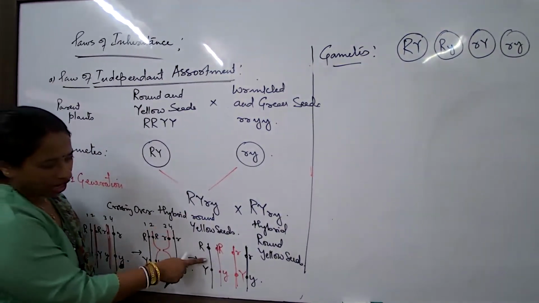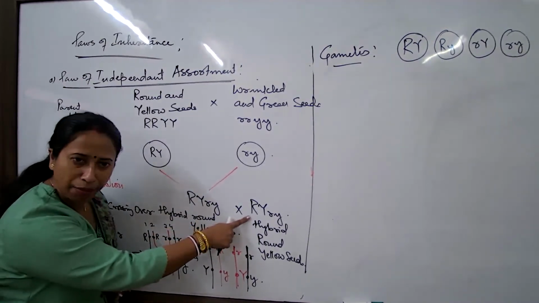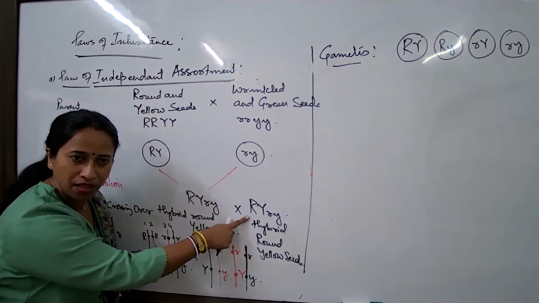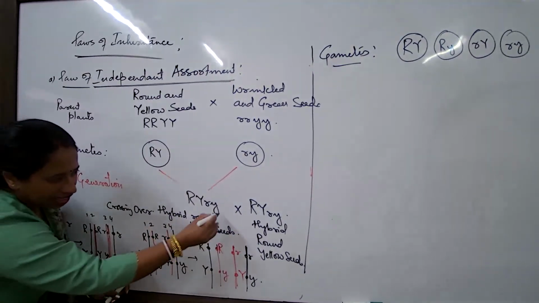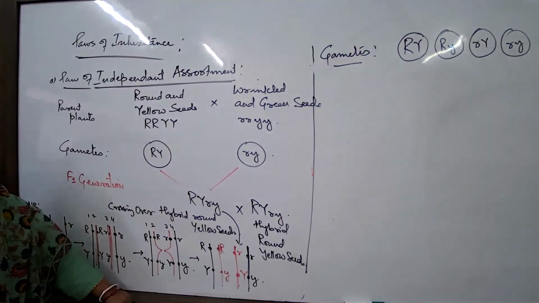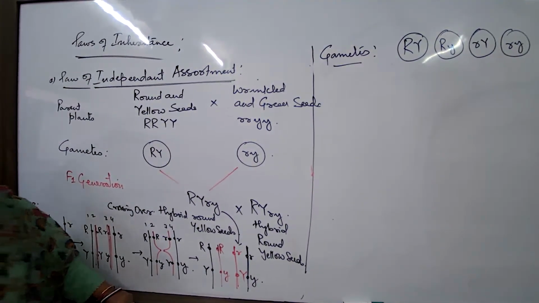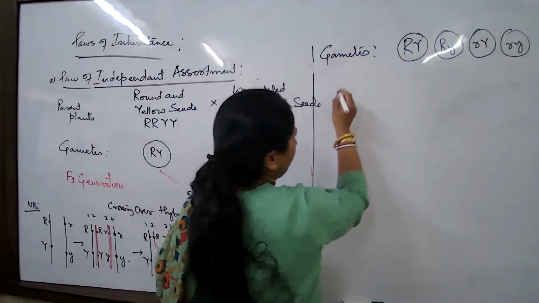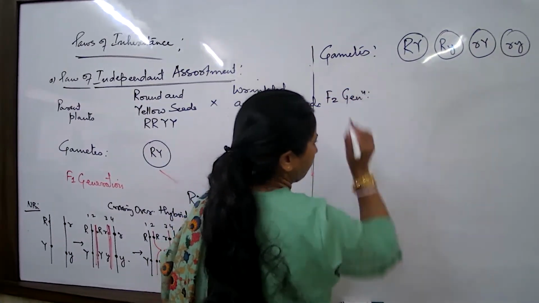If these are the four gametes of this plant, what will be the gametes of this plant? If these are the gametes of this plant, exactly the same. Whatever we studied for segregation, same. Now we want the F2 generation.